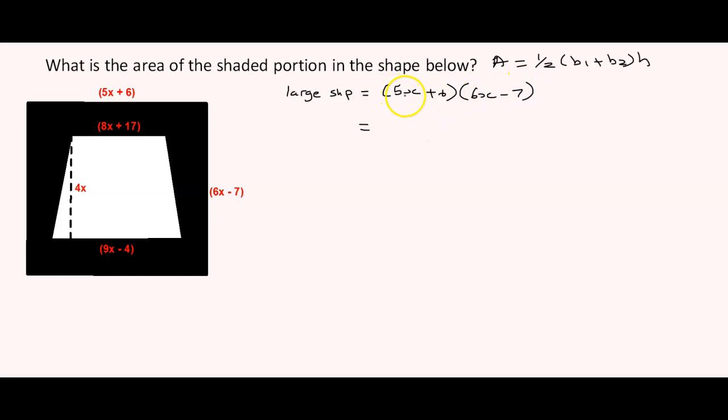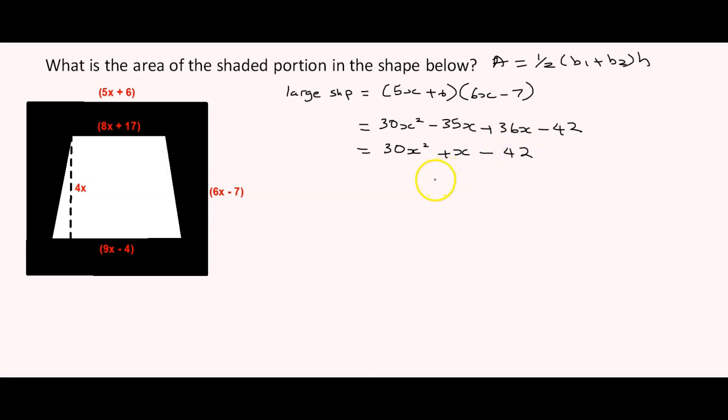So let's multiply this. So this is going to be 30x squared minus 35x plus 36x minus 42. So this is going to be 30x squared plus x minus 42.